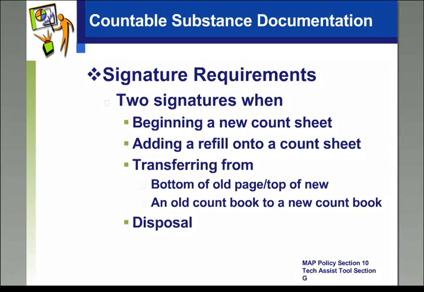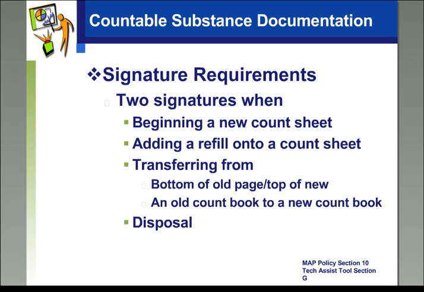There are several areas within the count book where 2 certified or licensed staff signatures are required. The purpose of requiring these signatures is to decrease the opportunity for theft. When I review count book documentation, I look for 2 signatures anytime a new count sheet is started, a refill is added into the count, or when the count sheet is full and the balance is transferred to a new page.